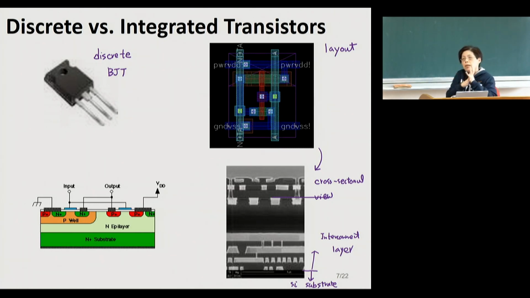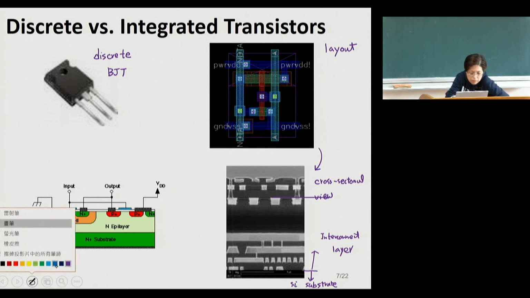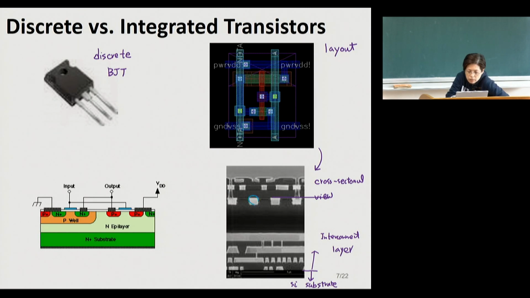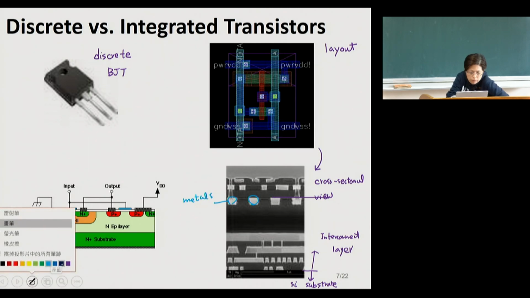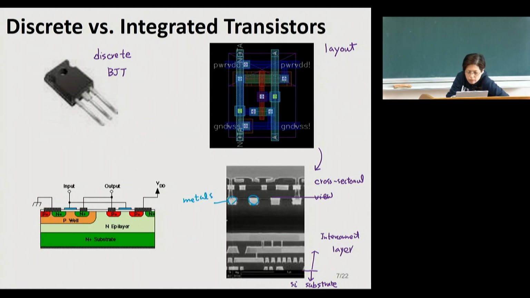There's more complicated wiring because of a lot more transistors. You can see the wires going in horizontal or vertical directions to make your circuits functional. As I said, the bright parts are metals. So you see these metals, and these are insulator, dielectric.